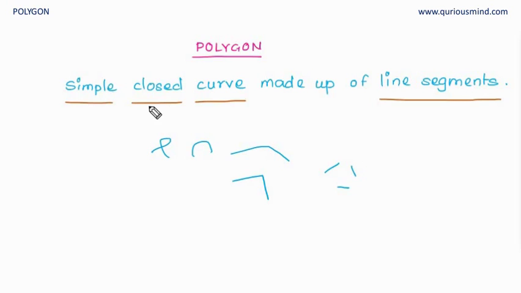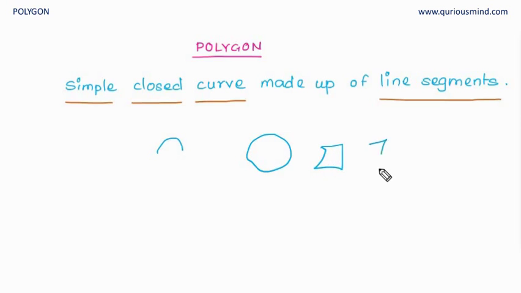Now what is closed curve? This was an open curve. Why? Because the start point and end point were separate, different. When the start and end point is same, they are closed curves.